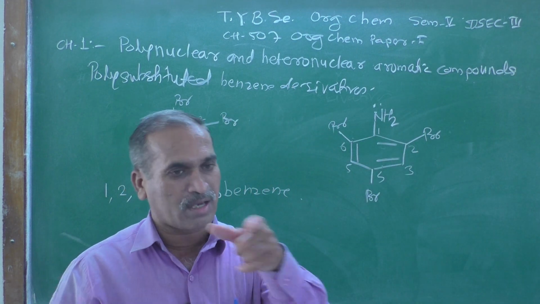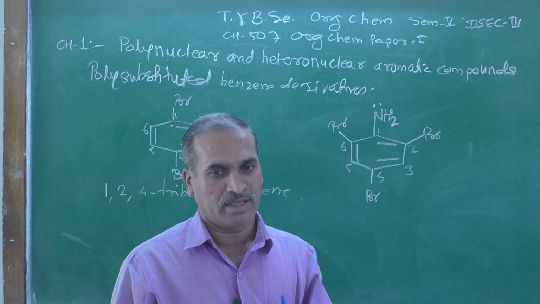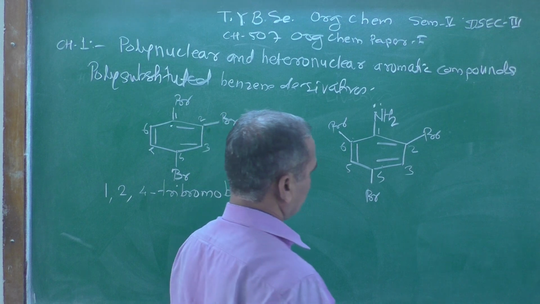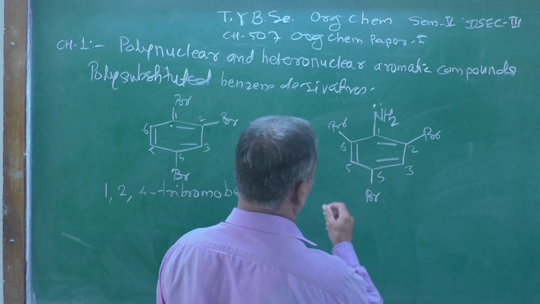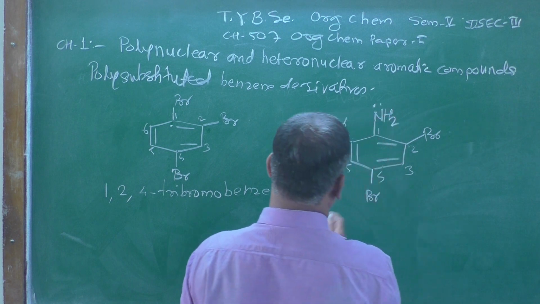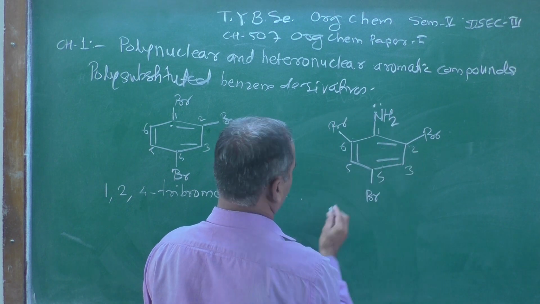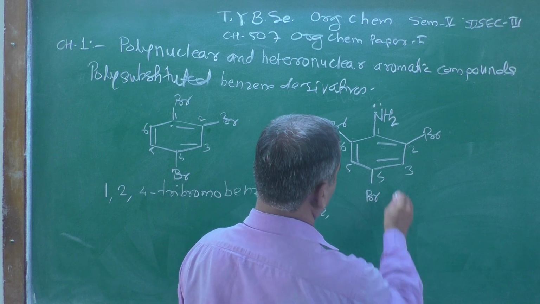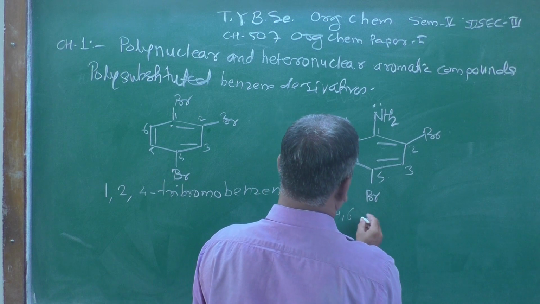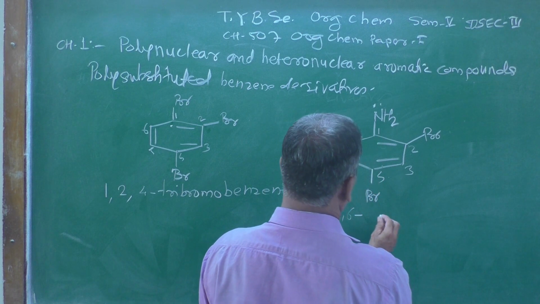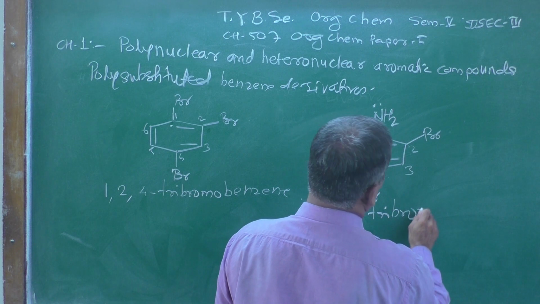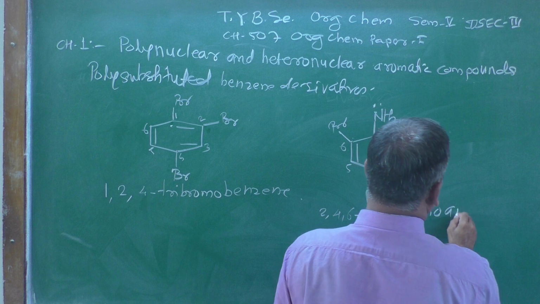Whatever the identical bromine atoms are, they are present on the same positions with respect to that amino group, and therefore at 2 position, 1 bromine, at 4 position, the 2nd bromine, at 6 position, the 3rd bromine, and there are 3, so you can call it tri, and then bromo, tribromoaniline.